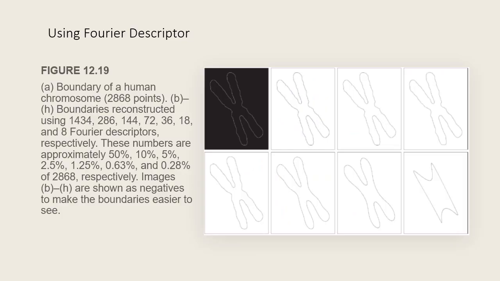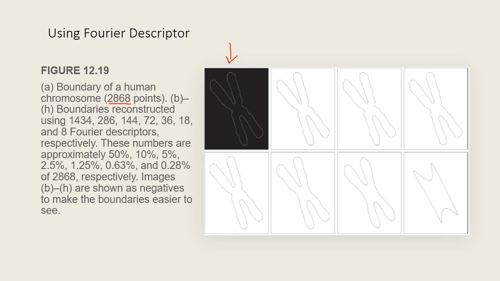Here is an example of the applications of the Fourier descriptor. On the top left corner, we have an object of a human chromosome, which consists of 2,868 points. Which means that if we store that chromosome directly using the boundary information, we have to store 2,868 numbers.